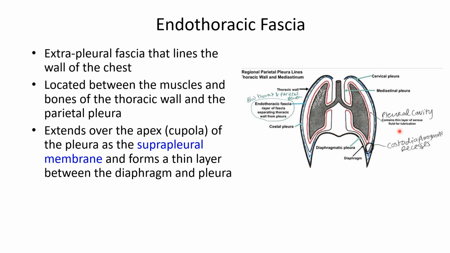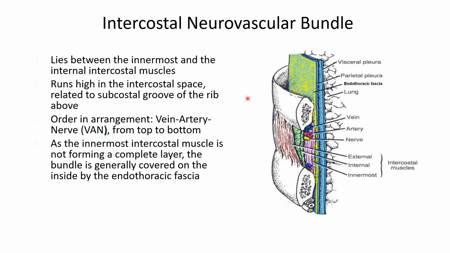Next to this endothoracic fascia will be the parietal pleura, followed by pleural cavity and visceral pleura and the lung. So this is what you have seen here. The external intercostal, internal intercostal, the innermost intercostal, between the middle and deep layer the vein, artery and nerve of that space. Then you will be seeing the endothoracic fascia, the parietal pleura, the cavity, the visceral pleura and the lung.